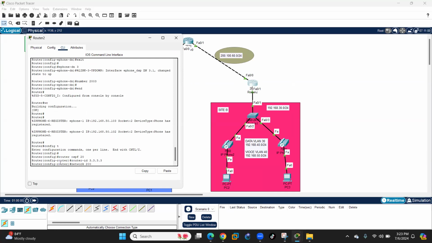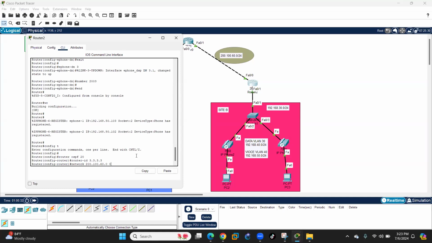Is the OSPF 20 a unique name too? No, you can change that to anything you want and it will work. But the router ID has to be different on each router. Each router has an ID of 1, 2, 3.